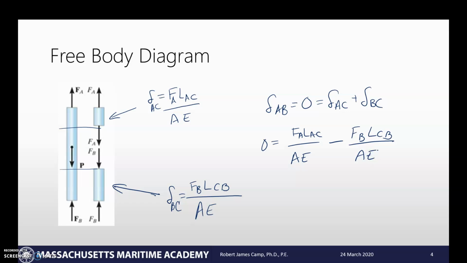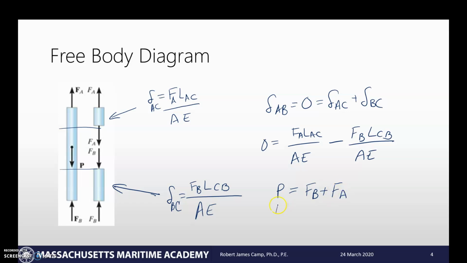So now I have that second equation. I know in the last slide I used R for my reaction forces. I really should have used F. If I pull that equation down, P is equal to FB plus FA.